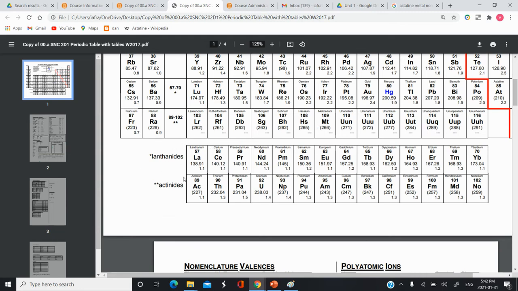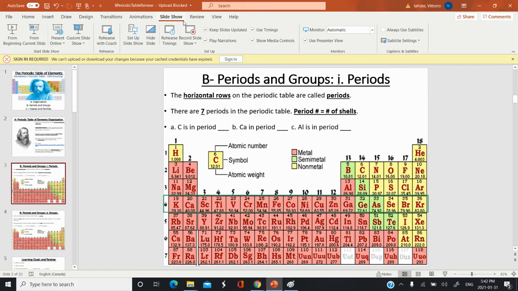These are not additional periods. There's not 9 periods. These actually belong in here. We just took them out and placed them at the bottom here, but they actually are part of rows. So the lanthanides are part of row 6, and the actinides are part of row 7. So there's still 7 periods, not 9. Just keep that in mind when you're studying the periodic table.